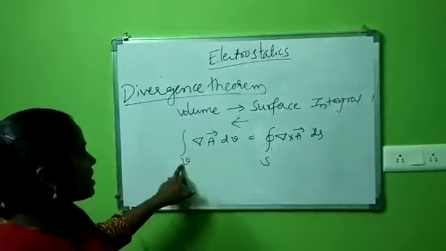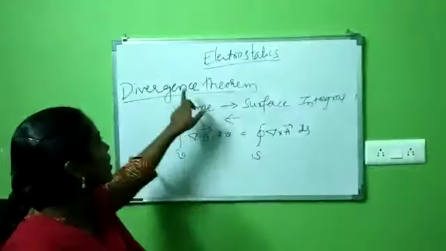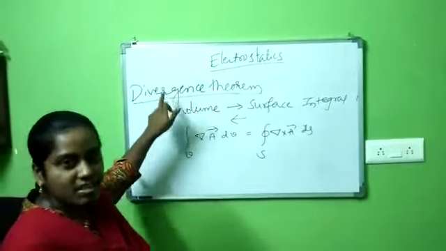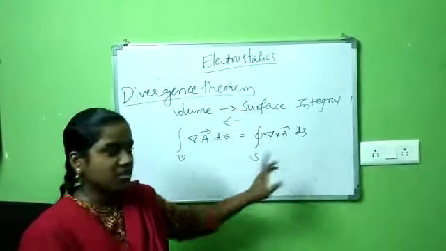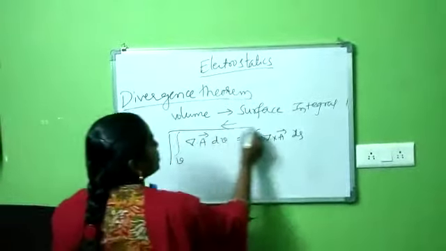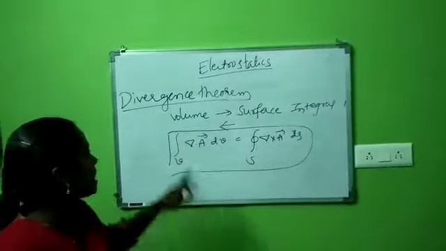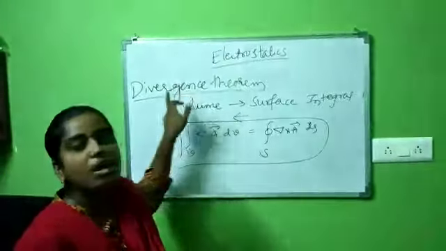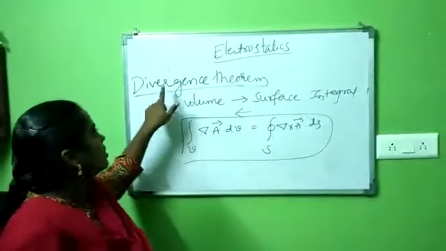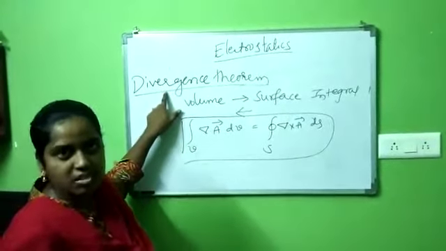The volume integral is converted into the surface integral by using the divergence theorem, whereas in the Stokes theorem, the line integral is converted into the surface integral. This is the equation of the divergence theorem, and the statement is volume integral to surface integral conversion and surface to volume integral conversion.